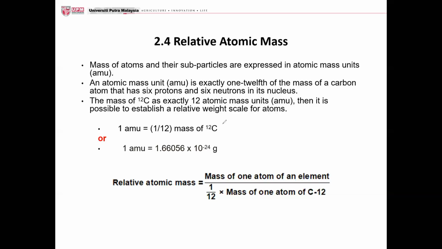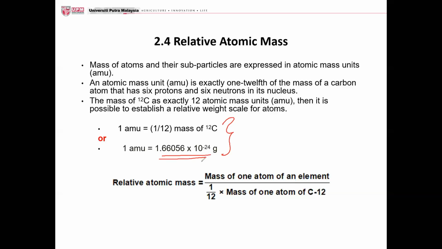So we can say that 1 AMU is equal to 1/12 mass of carbon-12, or 1 atomic mass unit is equal to 1.66 times 10 to the power of negative 24 gram. So this is the mass of proton and neutron.